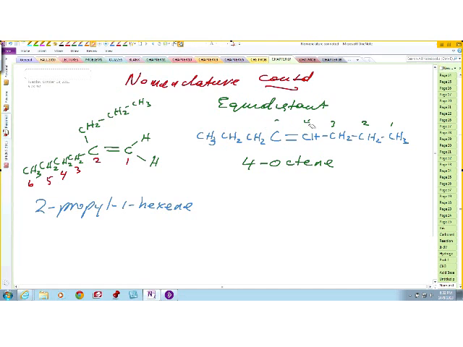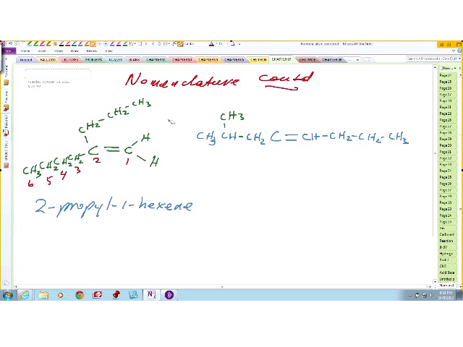Okay, now supposing we have this. What are we going to call this? And where do we start the numbering? From the left? From here? Okay, why? Very good.